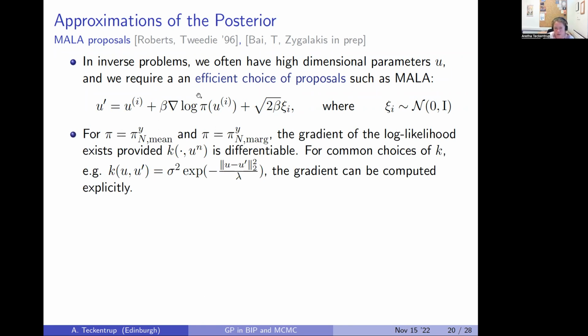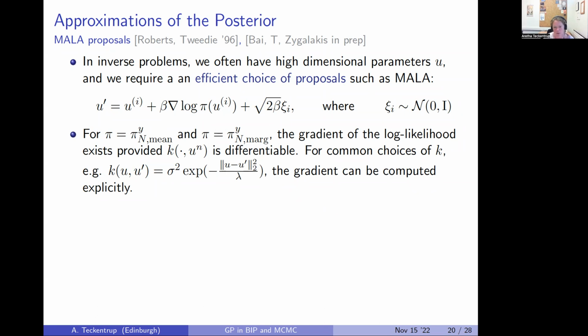Typically in PDE-based applications, this gradient is very complicated to compute, right? If you need the gradient of pi, that would involve the gradient of your PDE. And so that's typically difficult or impossible to compute. But with these surrogate models, that becomes a lot easier, right? You don't have the PDE, you just have these linear combinations of the kernel functions. And so that's something that you can compute explicitly.